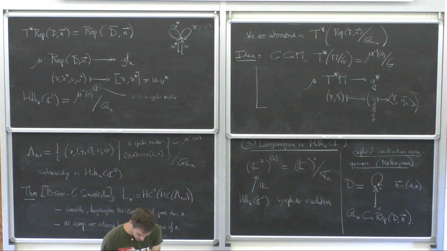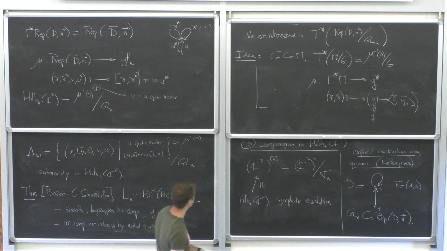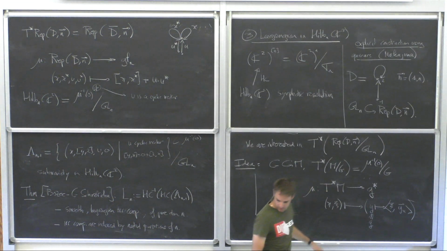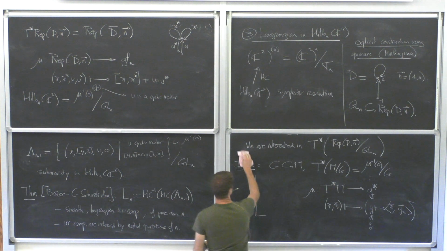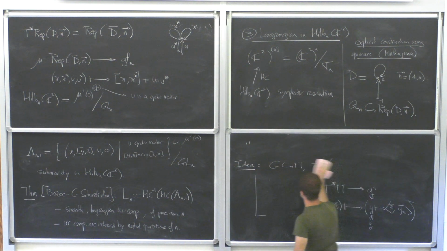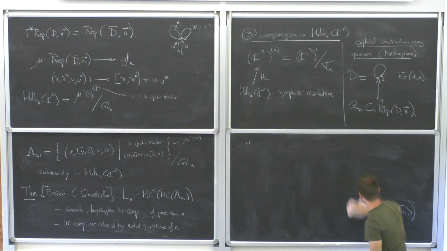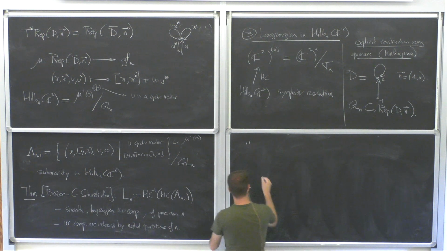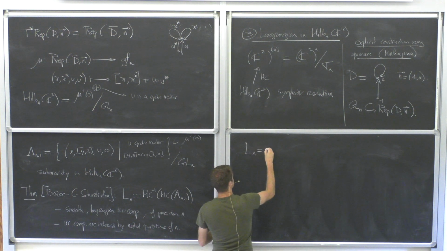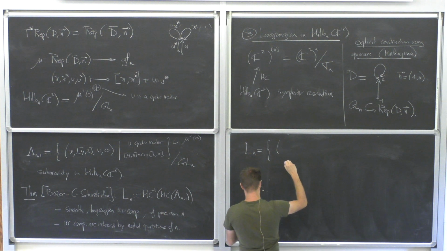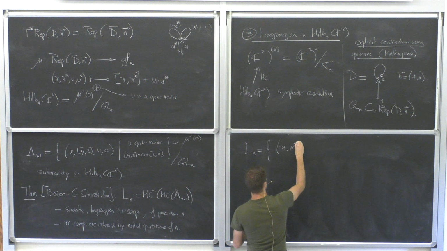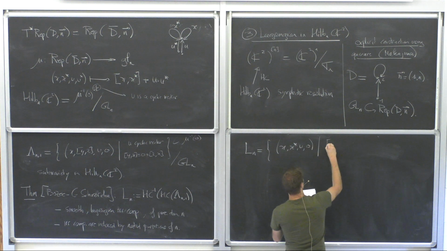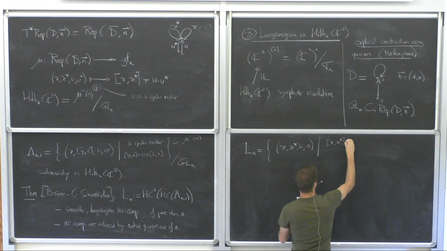So here is a nicer description of Ln, which does not appeal to the Hilbert-Chow map. So Ln, you can describe it in the following way. You have x squared, u, 0. We still have that we want x and x star to commute.